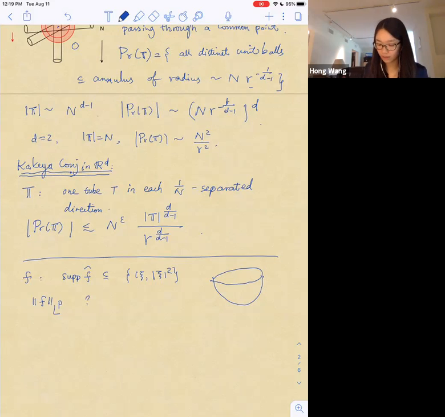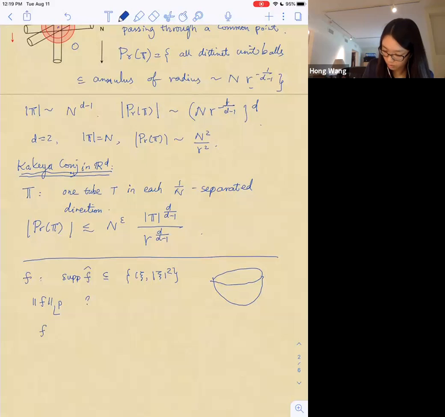To estimate the L^p norm of f, we can decompose inside a large ball of radius r, for example. We can decompose f into a sum over wave packets f_T.